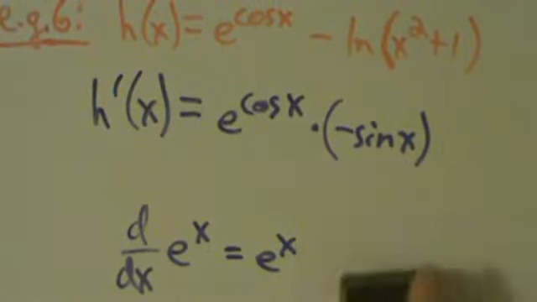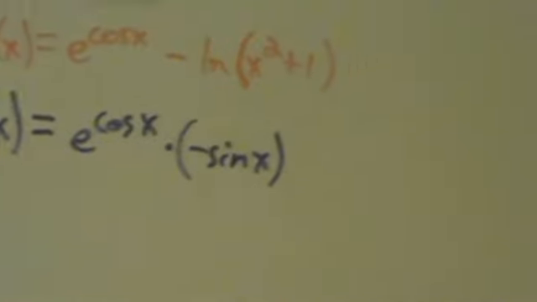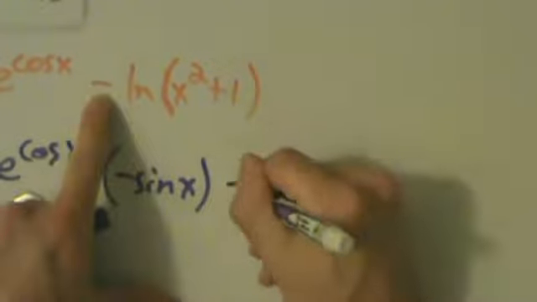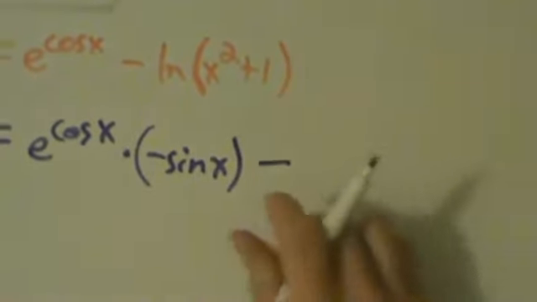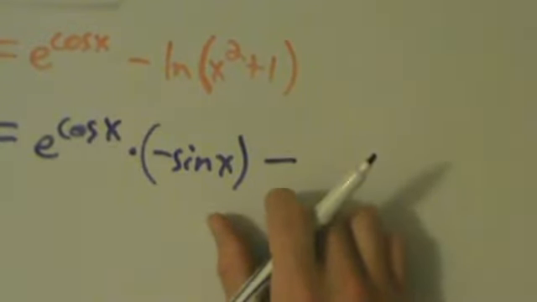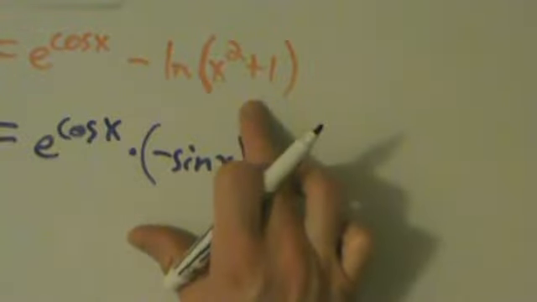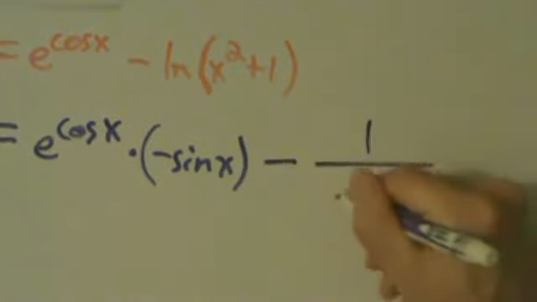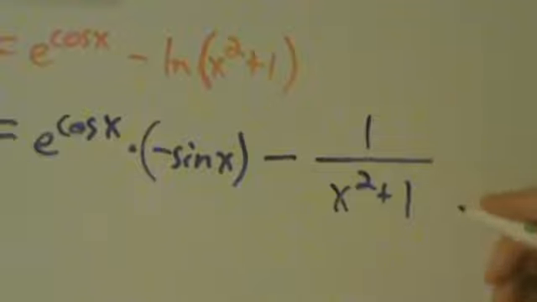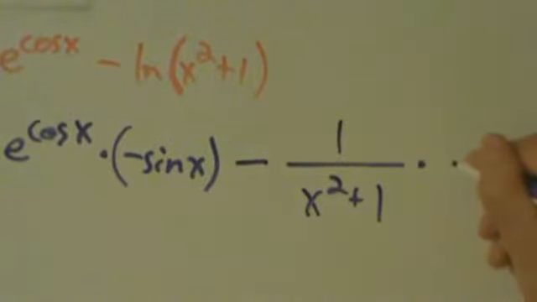And then the second term is going to be minus, because we have a minus sign here. If you want to take a derivative of the natural log of a thing, that's going to be 1 over that thing times the derivative of that thing.